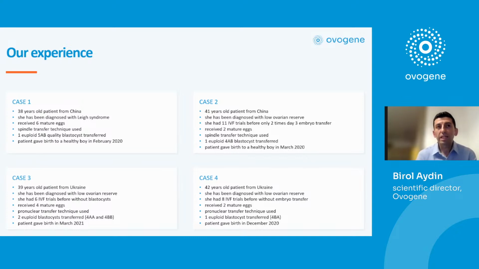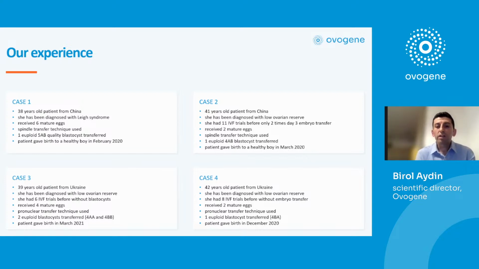Of course, when we select which technology we will use, spindle or pronuclear, this is mostly connected to egg quality. When we do the egg pickup, we check the morphological quality of the female egg. If egg quality is really low, then of course we consider spindle transfer, while there is a risk of fertilization of such low quality eggs, and we don't consider this risk.